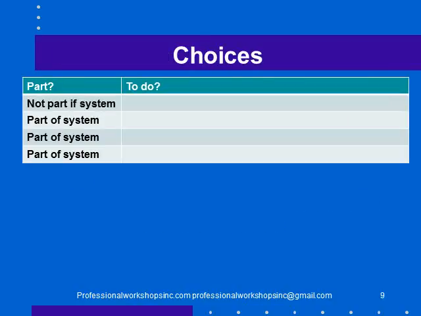So our choices, and the first, if it's not part of the system, we've already talked about that. What do we do? Well, we use the client's controls, and that's obvious. What happens if the service organization controls have become part of our system and we do not have controls anywhere on our system, and we are effectively using the controls at the service organization?